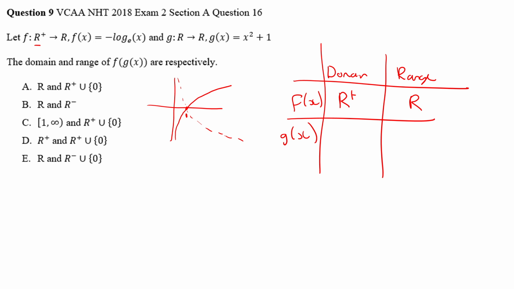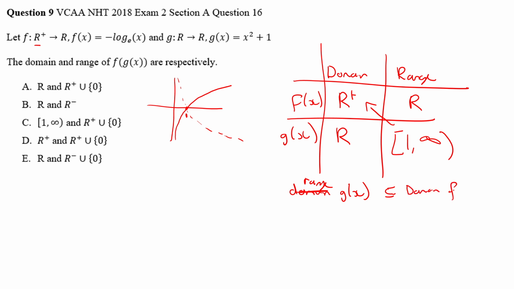If I look at g of x, it's a quadratic. I'm told my domain is real numbers, and I know my range is going to start at 1 and go to infinity. Now, straight away, I know that the range of g of x fits into the domain of f of x.